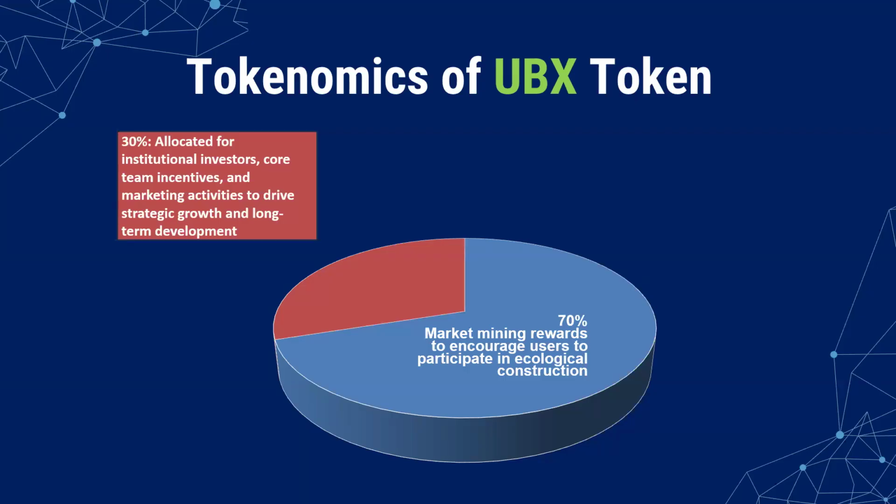So this is the 70% of the total supply of the UBX token, which stands at 140 million tokens. This is the total supply of the UBX tokenomics.